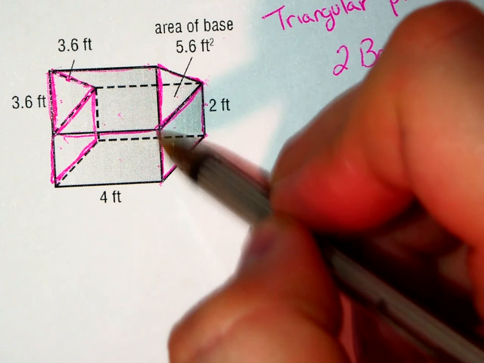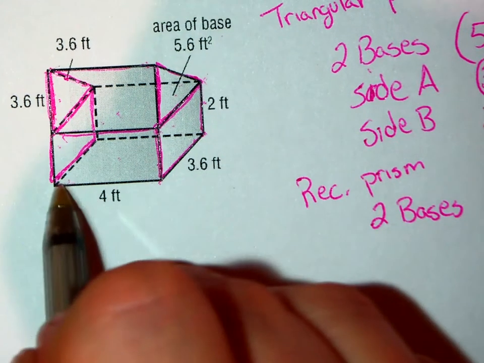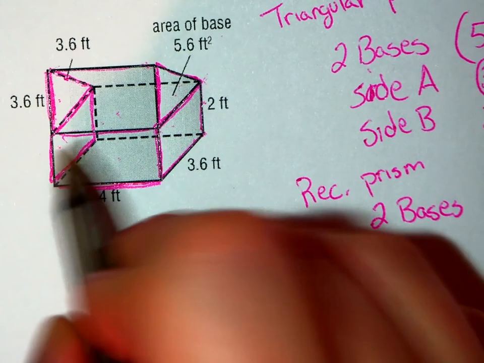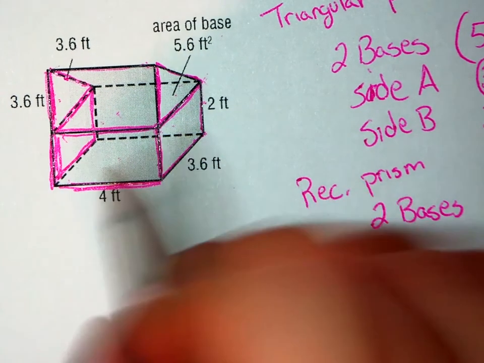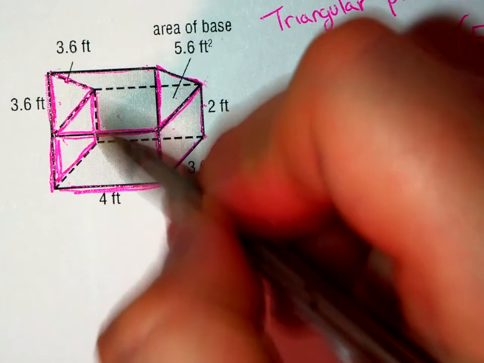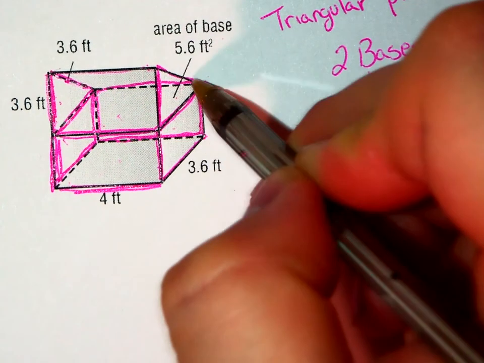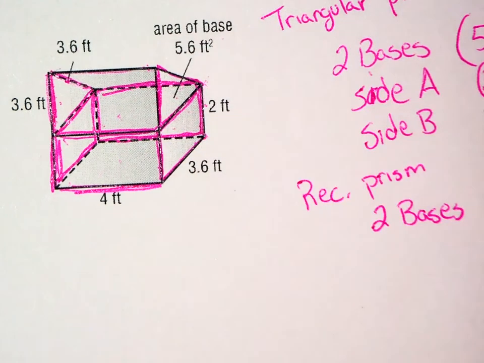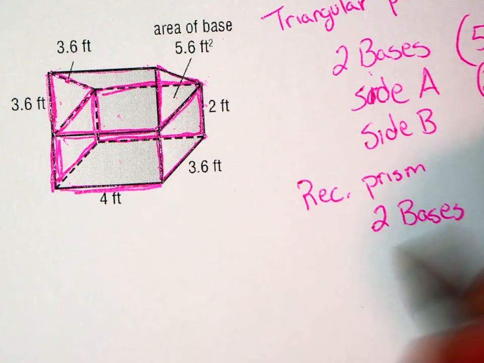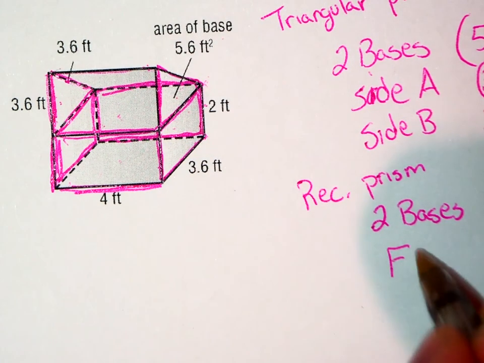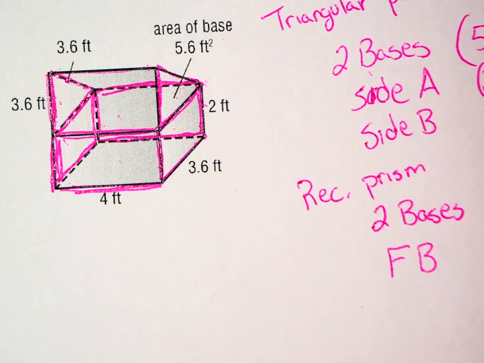I also have on my image here, if I create another box here, I'm going to have a front and a back. So a back and a front that are the same. So I'm going to label that as front and back.